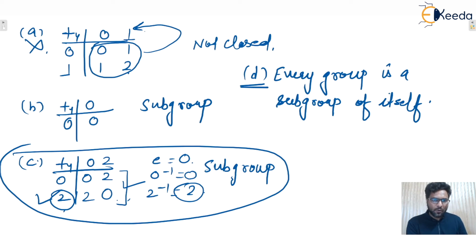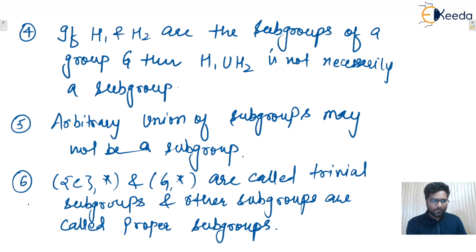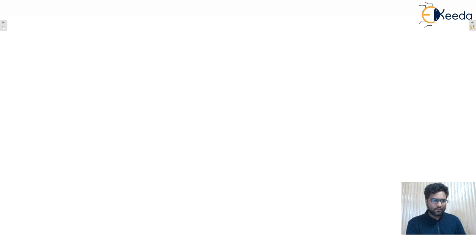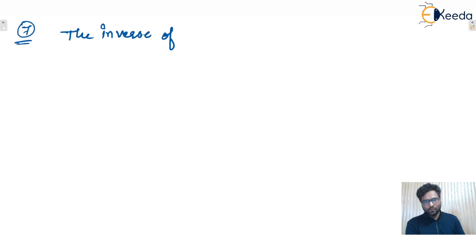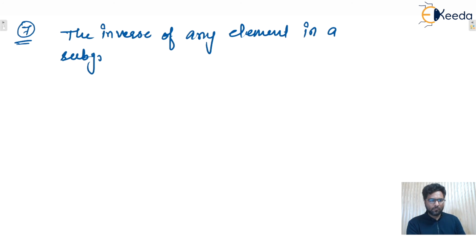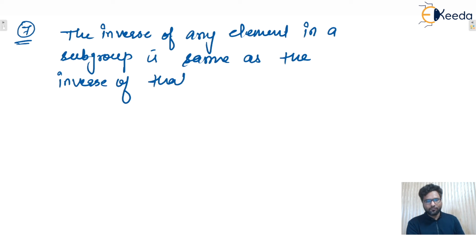Okay. So write down the next property. We can say that the inverse of any element in a subgroup is the same as the inverse of that element when regarded in the group.